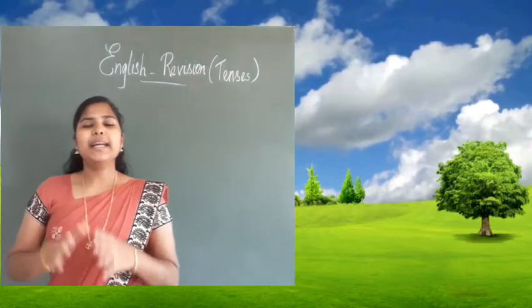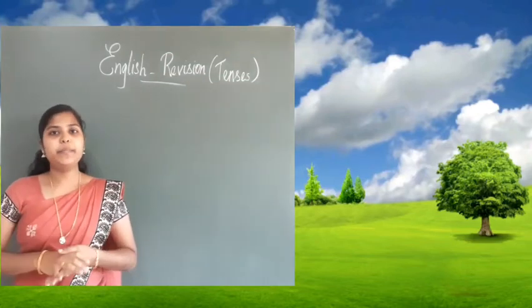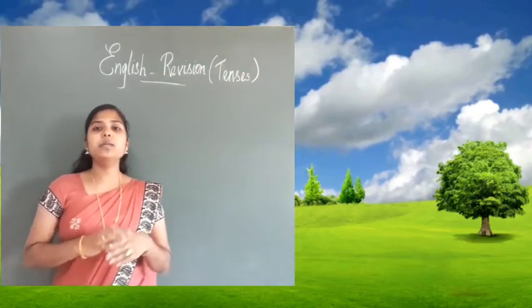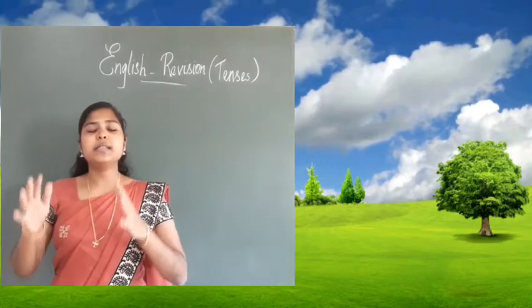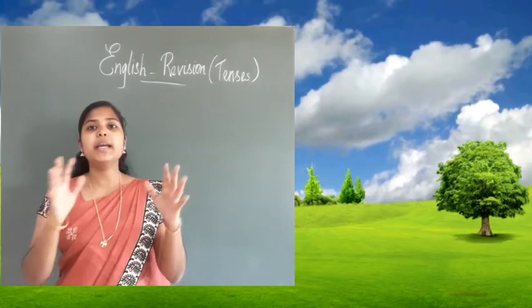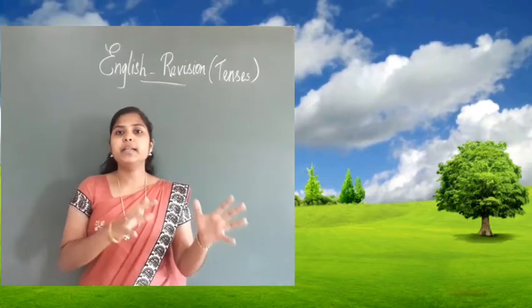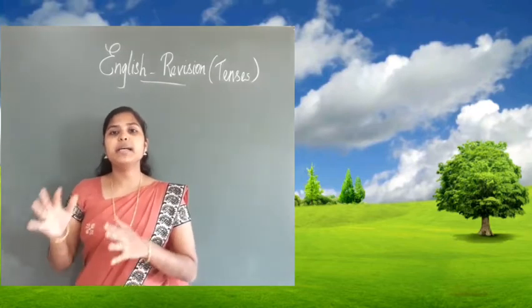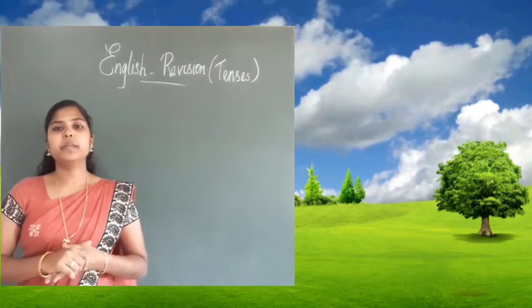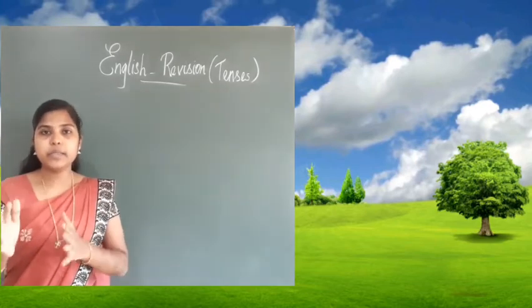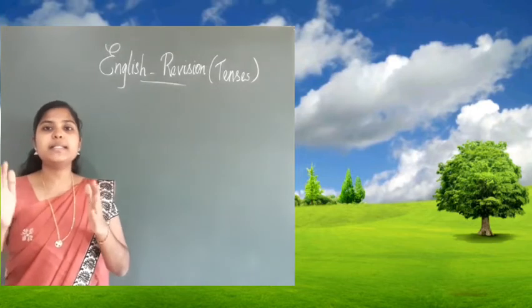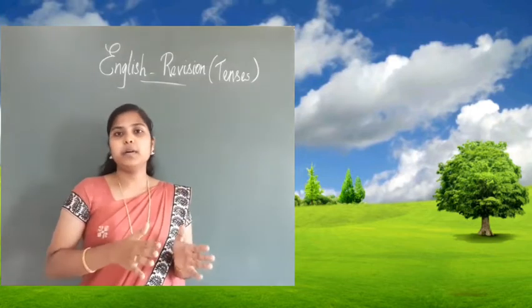And one more thing, in this simple present tense, we have to note down the subject-verb agreement. The verb in a sentence should agree with the subject, agree with the noun, and also the number. Singular subject or singular noun will take singular verb.